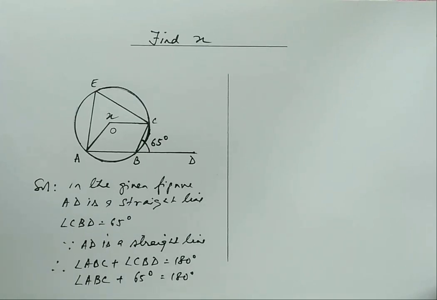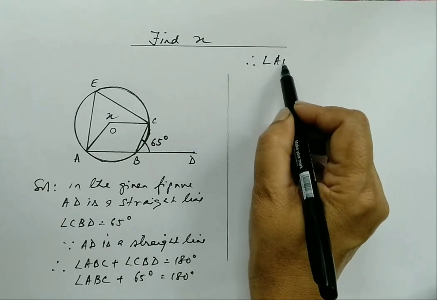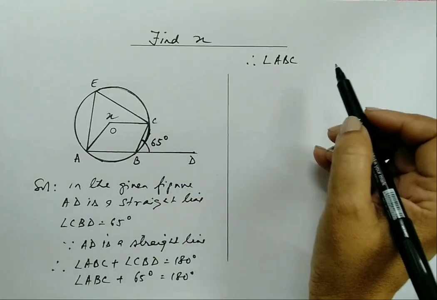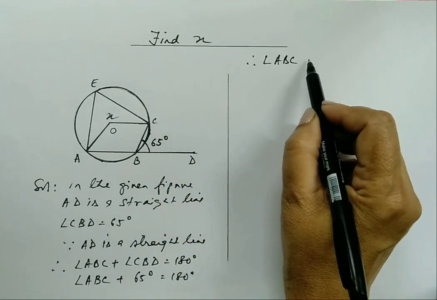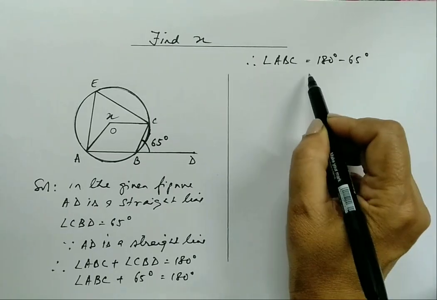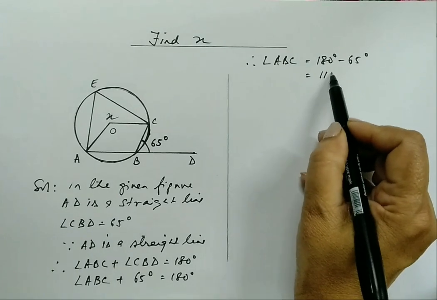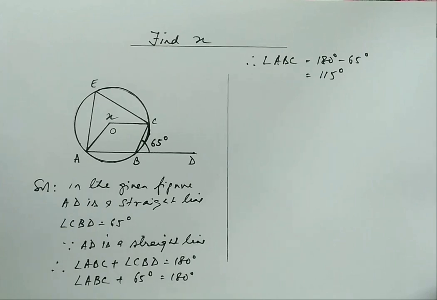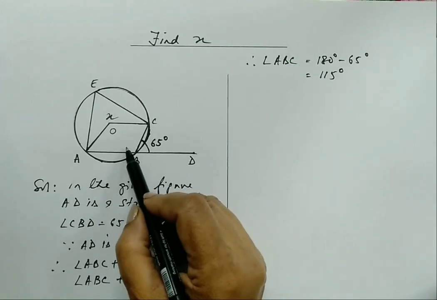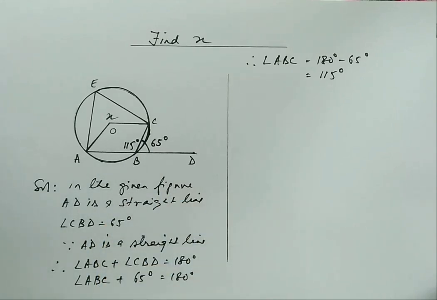Therefore angle ABC, which is this, is equal to 180 degrees minus 65 degrees, which is equal to 115 degrees. So let me write over here 115 degrees for ABC. Correct? What next?